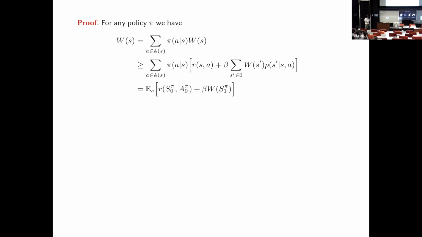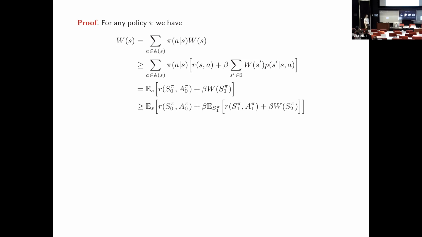And now I just compute that. So this is really just an expectation, right? So we're multiplying probabilities here and here by certain objects. And if you do that, that's the reward in our initial state with that action A under our policy. And then beta times, well, what we have here is W evaluated at the state that we moved toward. And then here again, I have this W, which in the same way as above, I can estimate by some expectation.